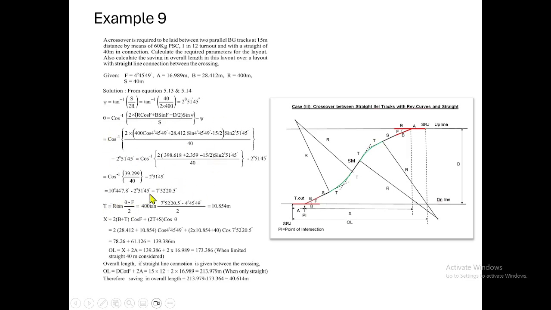So with theta we got around 7 degrees 20.5 minutes. Then the tangent length we are finding out, R tan (theta minus phi) divided by 2. So the tangent length is coming around 10.854 meters.